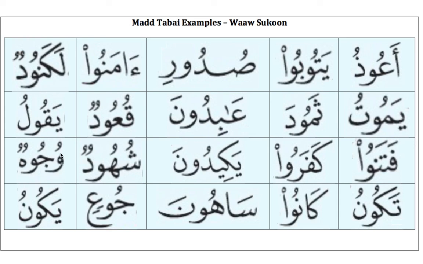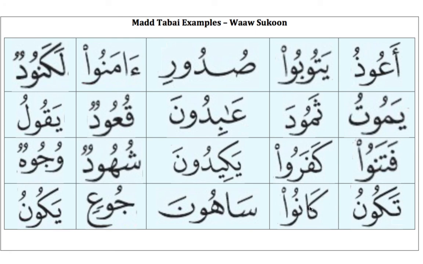Next we have waw dhamma wu, jim dhamma waw sukun ju, wuju, ha dhammatan hun, wujuhun. Next we have ta fatha ta, kaf dhamma waw sukun ku, taku, nun dhamma nu, takunu.